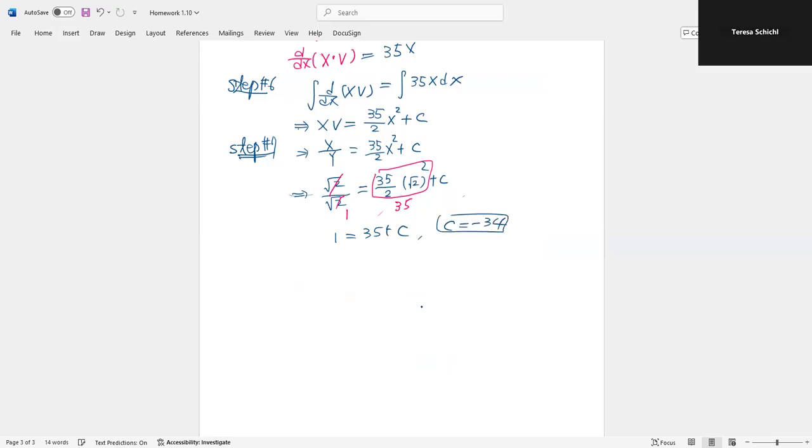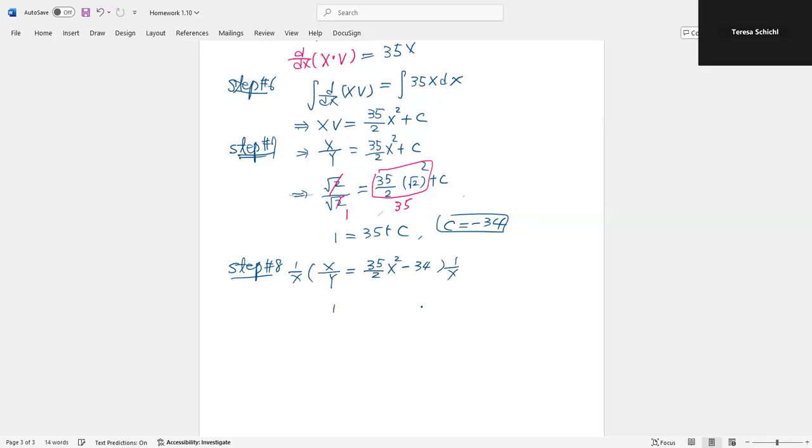Now finally, last step, substitute back c. We can find our solution. So our answer here is x over y is equal to 35 over 2 x squared minus 34. Now I can divide by x on both sides.